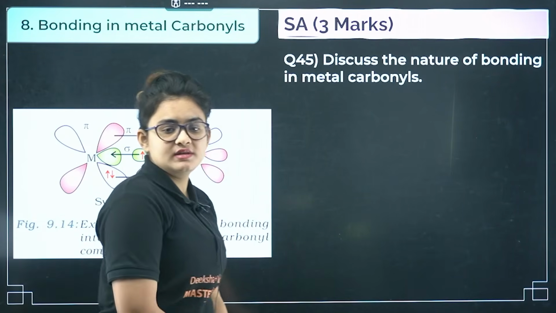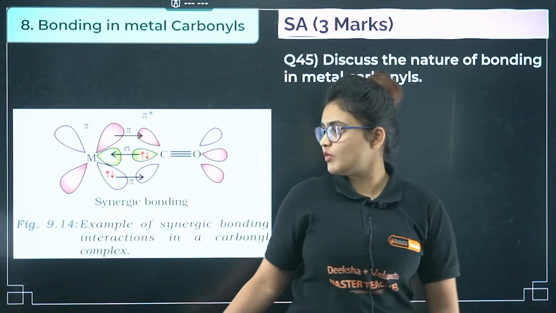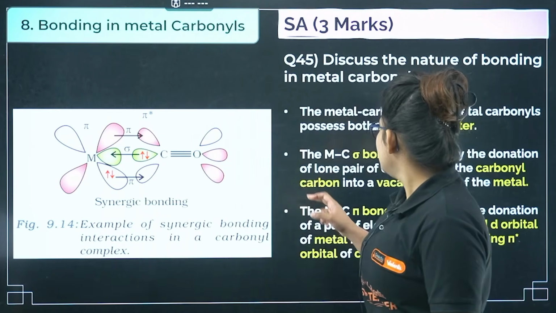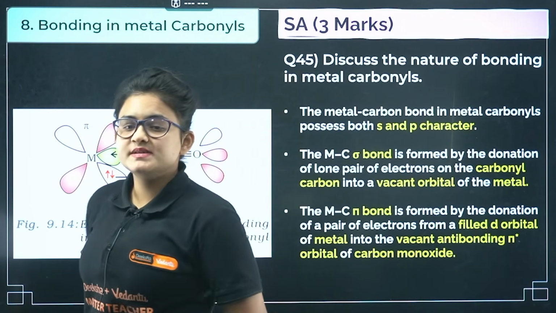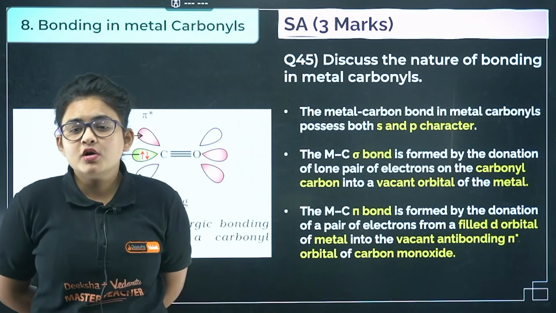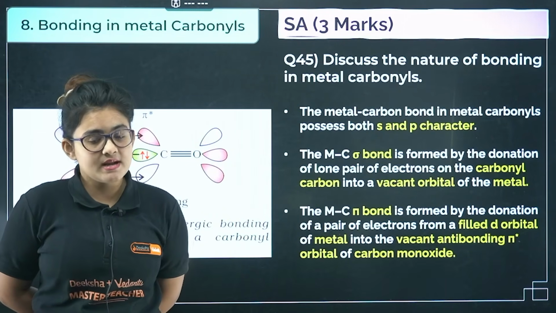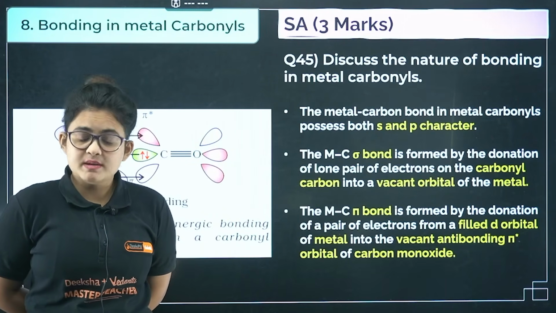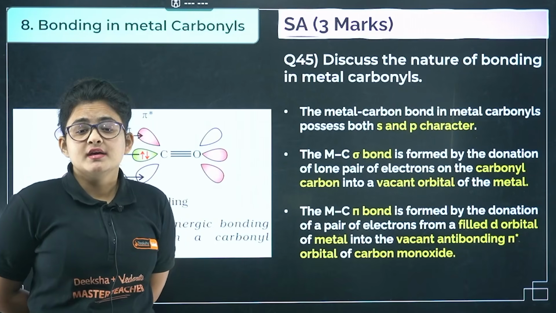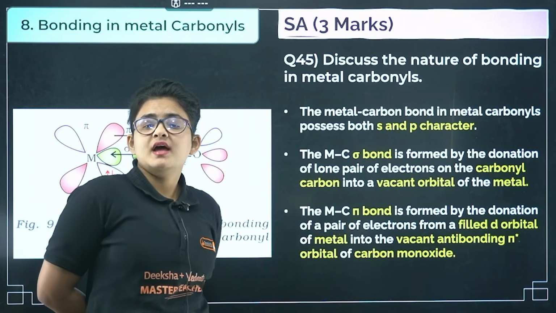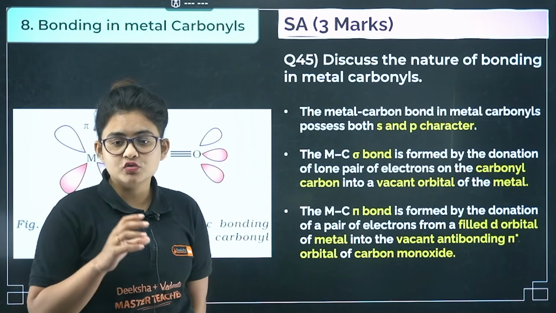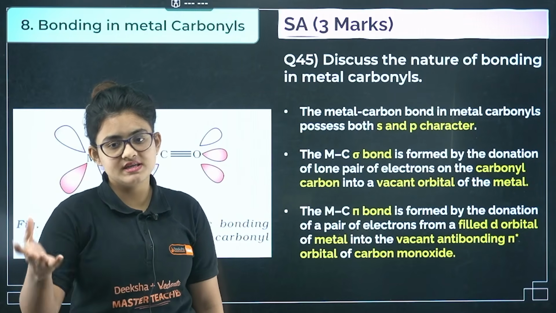Let's proceed. Discuss the nature of bonding in metal carbonyls. Here comes a synergic type of bonding. The metal-carbon bond is usually a sigma bond, with both s and p character. Carbon first gives its electron cloud to the metal center and forms the sigma bond.